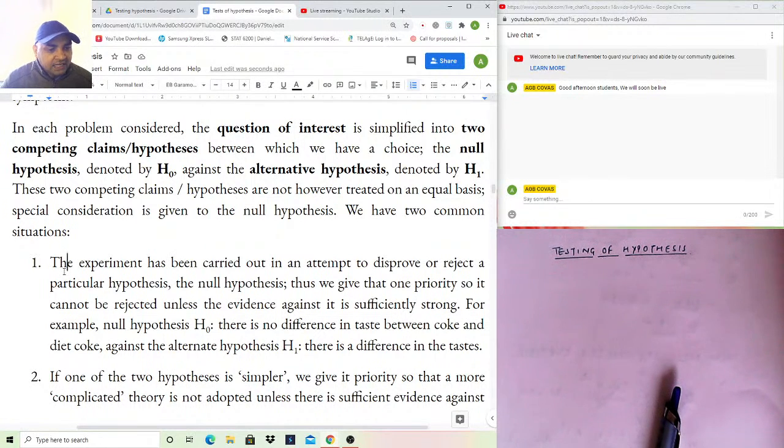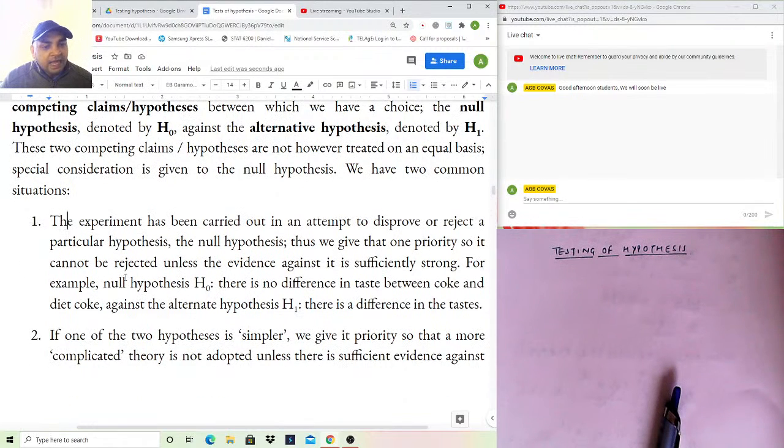The experiment has been carried out in an attempt to disprove or reject a particular hypothesis, the null hypothesis. What we do is make a null hypothesis, conduct the experiment, analyze the data, and our idea is to disprove that null hypothesis. Thus, we give that one priority so it cannot be rejected unless the evidence against it is sufficiently strong.